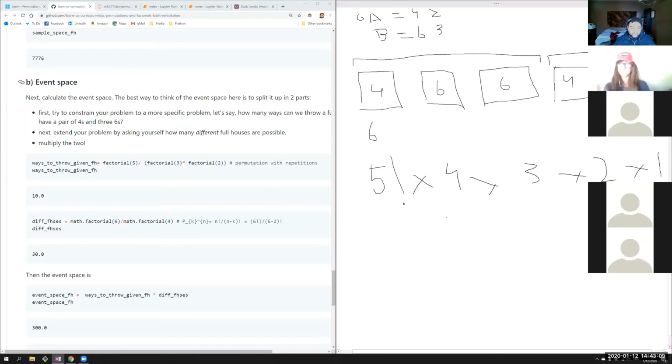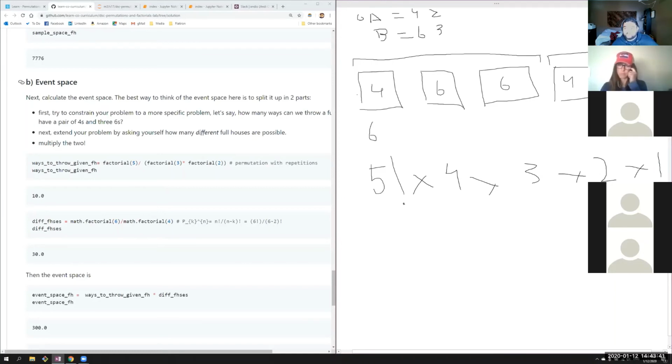So the 5 factorial is all the possible ways to pick a dice out of 5, right? If you pick dice A, then you have 4 dice left, and then 3 left, and then 2 left, and then 1 left. But because the order of 3 of them and 2 of them don't matter, that's where the repetition comes in.